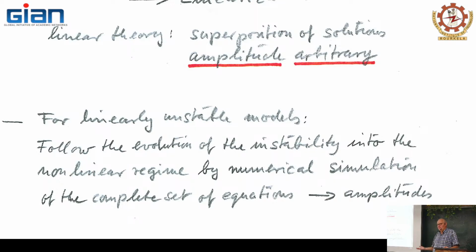And if the instability is very strong, you may not even be able to determine the amplitude, but the star may get disrupted by an instability, so the final fate will not be a nicely pulsating star.